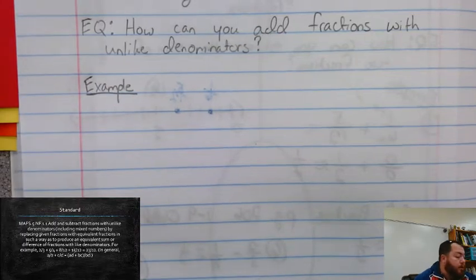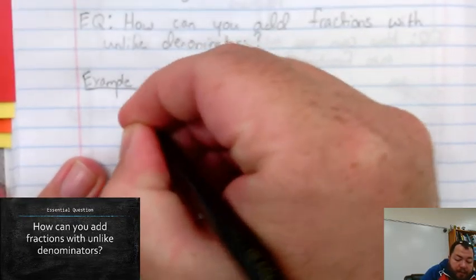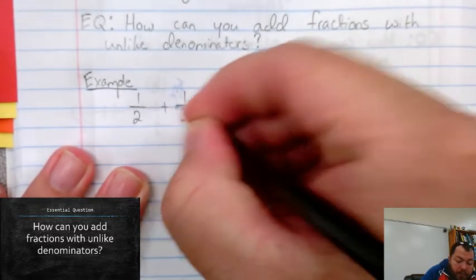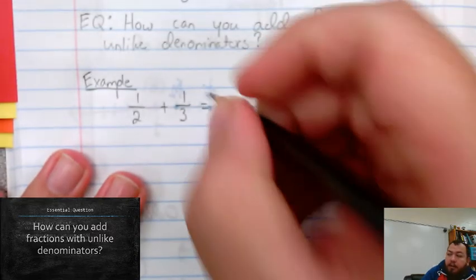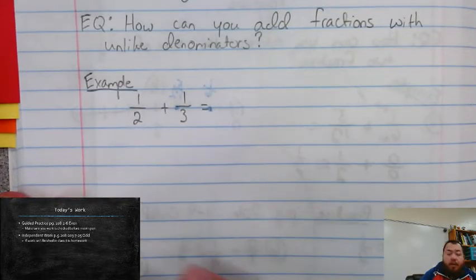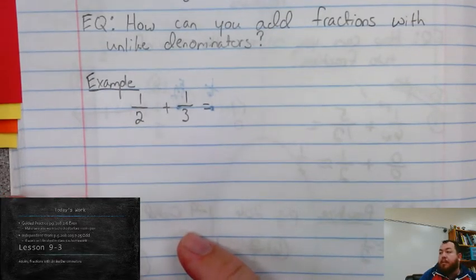So right there, I know that I'm going to have to add 1/2 plus 1/3. Well, I can't add if my denominators are different. So the first thing I need to do is find my least common denominator.